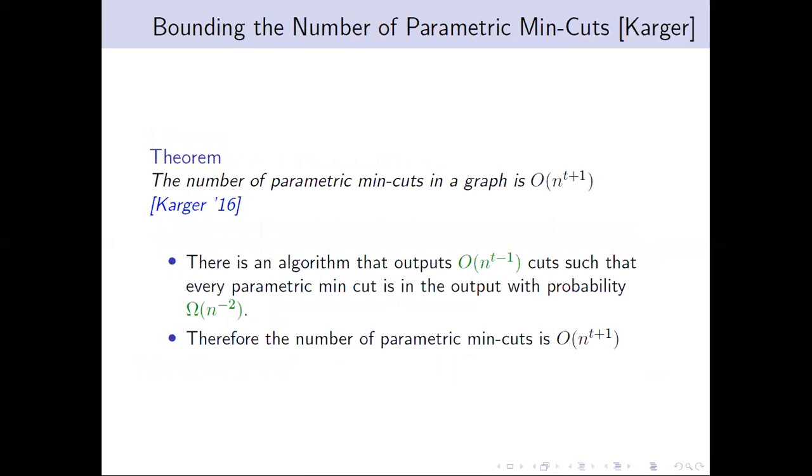To bound the number of parametric min cuts, Karger gave another random contraction-based algorithm that outputs O of n to the t minus 1 cuts, such that every parametric min cut is output with probability 1 over n squared. And this shows that the number of parametric min cuts is at most n squared times n to the t minus 1.